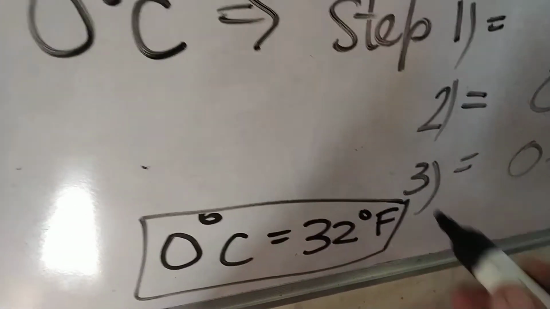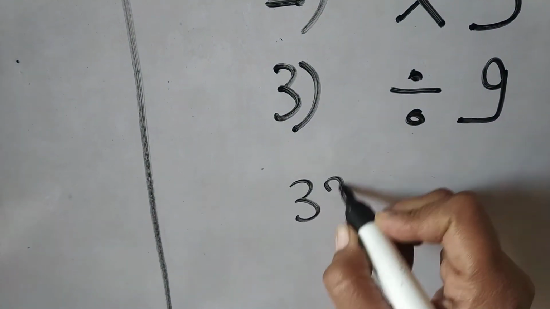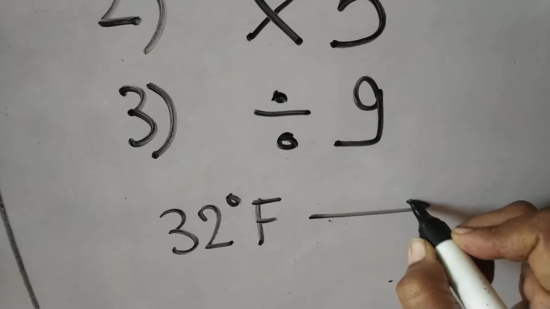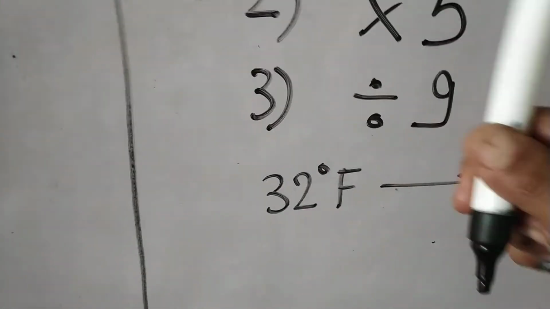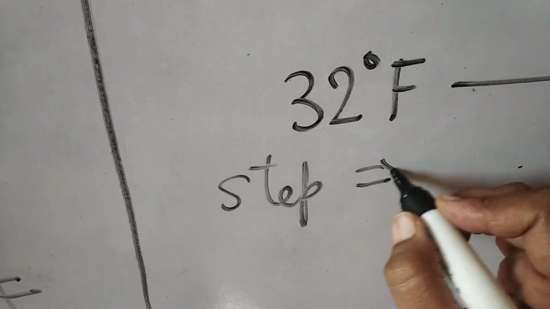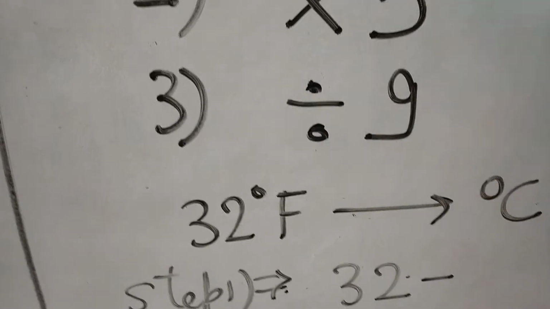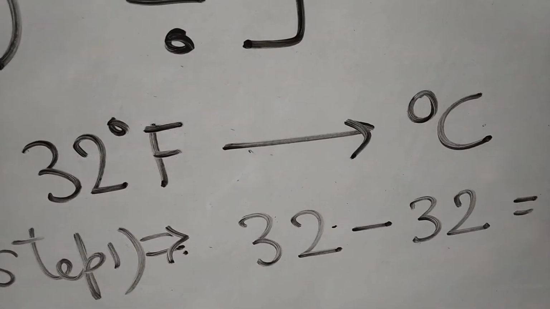Fine? Now I will take this 32 degree Fahrenheit to change into degree centigrade. According to this, step number 1, 32 minus 32 becomes 0.